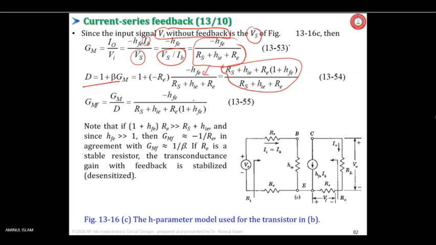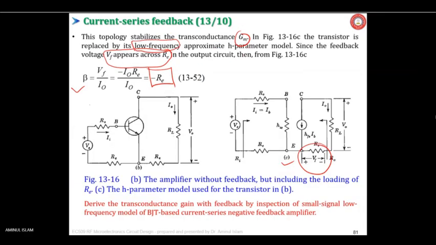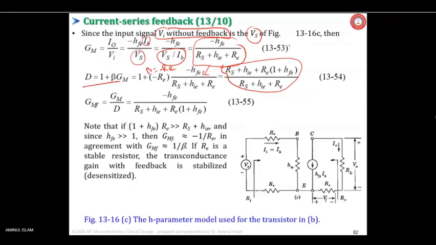Beta we have already got, beta equals to minus RE, in the previous slides. And GMF, GM with feedback, is, as we have seen from the table, GM by D, where D is the desensitivity, which has this expression.